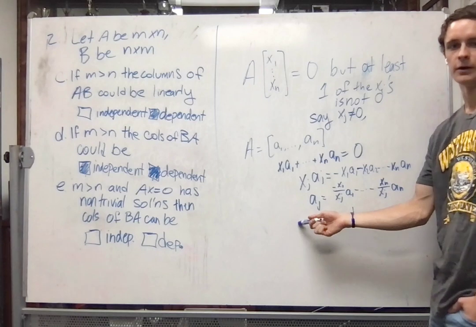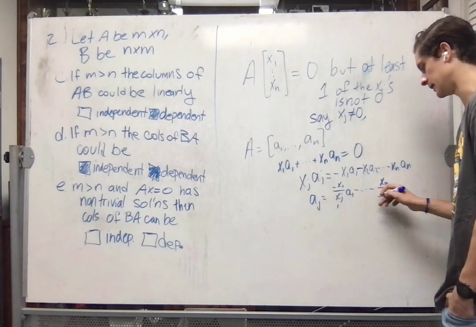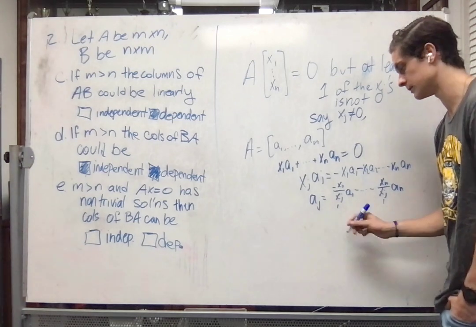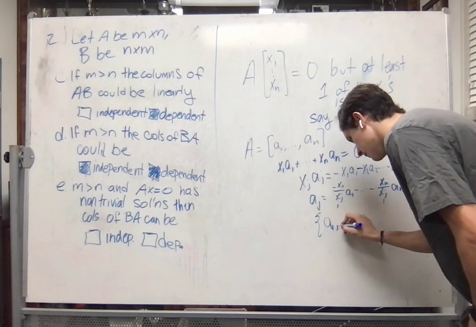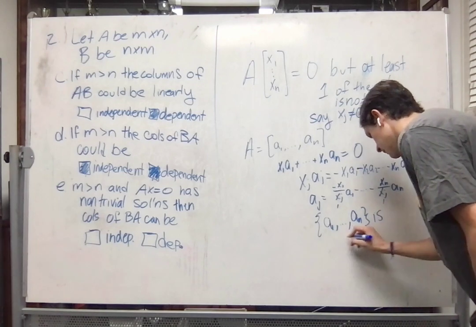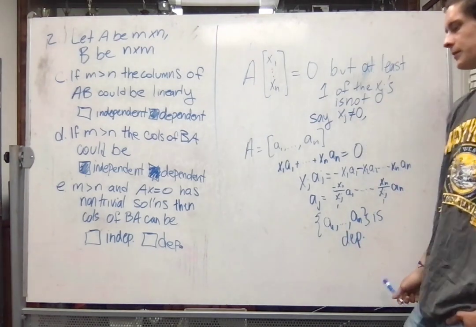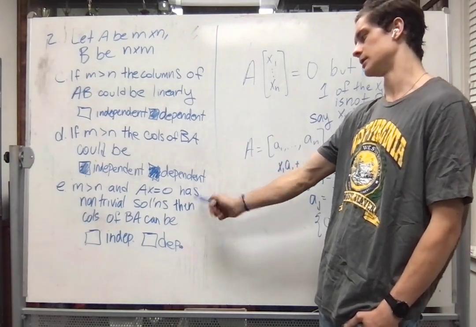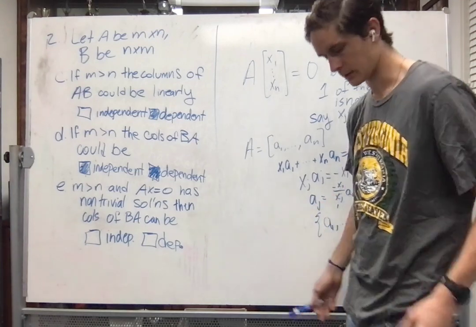Now we've written one of the columns as a linear combination of the other columns because each of these are just weights. That means that the set A1 through An is dependent. So that was a little bit of review for why Ax equals 0 having non-trivial solutions means that the columns of A have to be dependent.